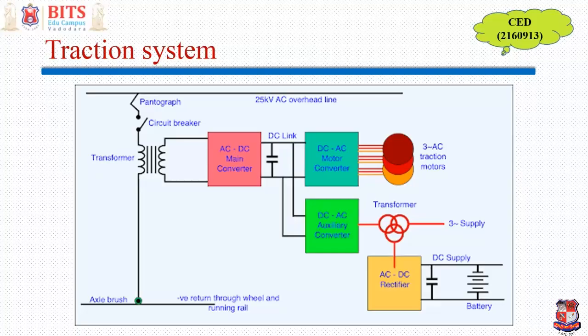25 kV single phase AC system is the most popular system which we are using over here. And please keep in mind that this is only one phase. So after every, I think, 18 to 20 kilometers, there is a substation, and that particular region is operated by that particular substation under that particular phase. The second section starts up with a break.